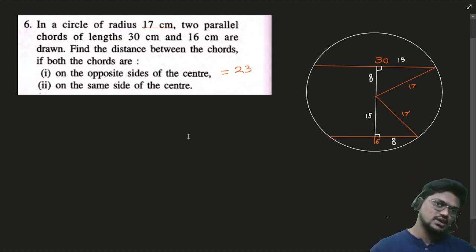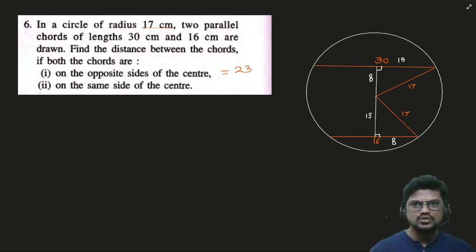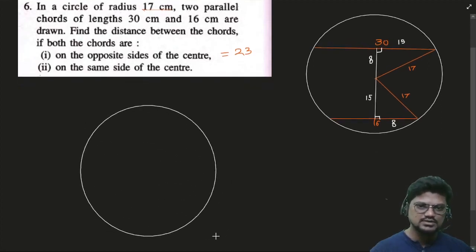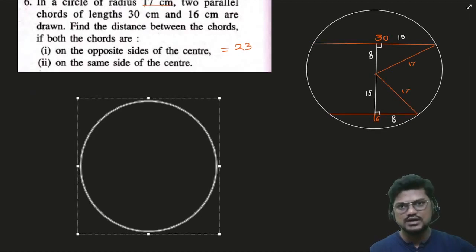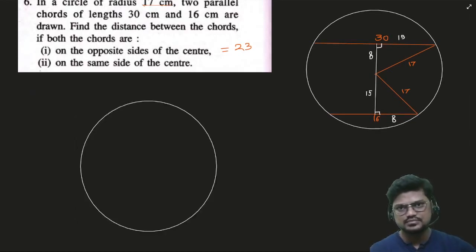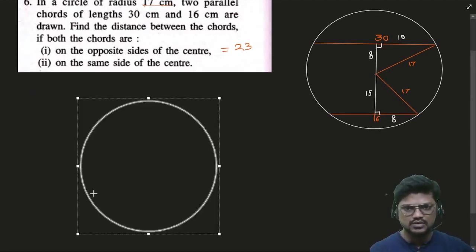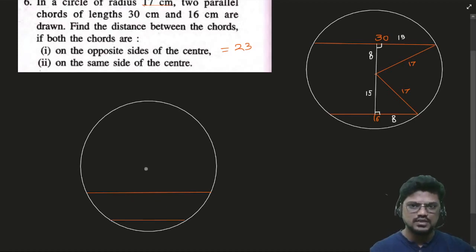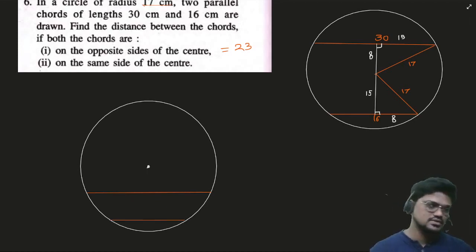And if the two chords are on the same side, that means what? See over here. If the two chords are on the same side of the center, then the circle is like this, and the two chords are like this. Means one of the chords is this, and the other chord is like this. This is the center of the circle.